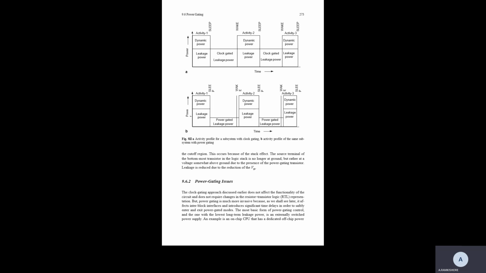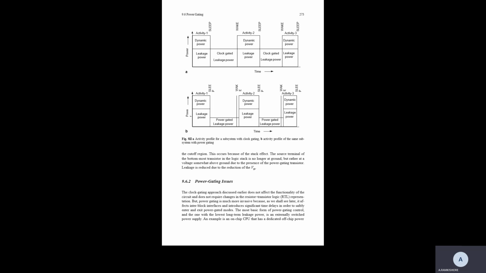The most basic form of power gating control, and the one with the lowest long-term leakage power, is an externally switched power supply. An example is an on-chip CPU that has a dedicated off-chip power supply, that is, the supply provides power only to the CPU. We can shut down this power supply and reduce the leakage in the CPU to essentially zero.